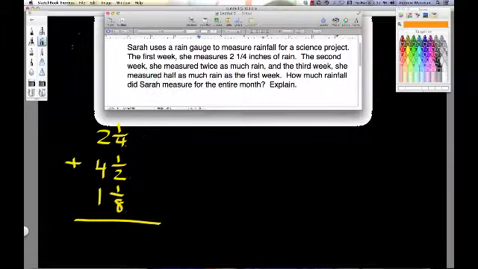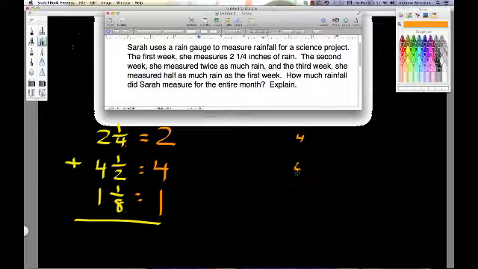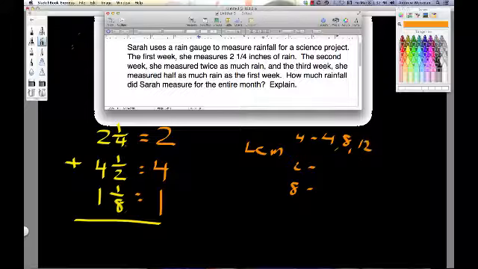So what we do is we will recopy our whole numbers, and we need to think about taking our denominators 4, 2, and 8 and doing our least common multiples. And so we have 4, 8, 12.